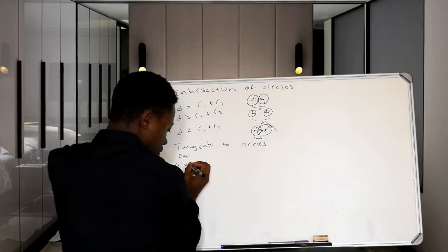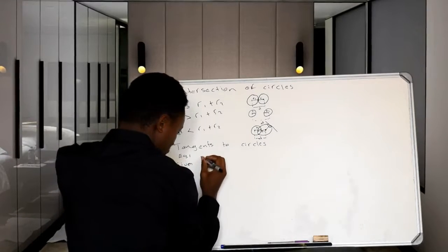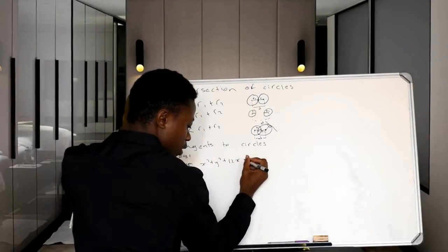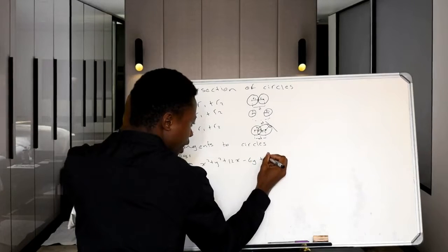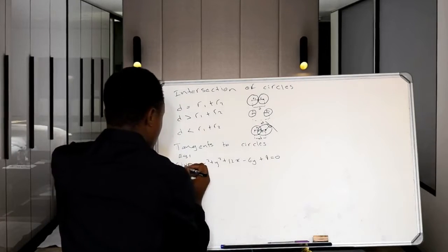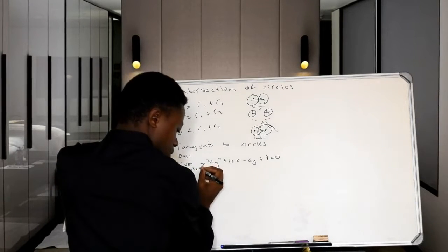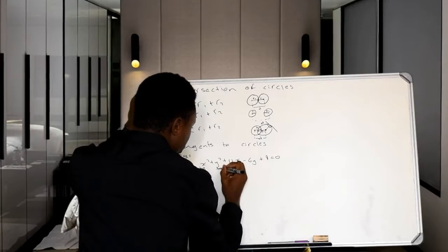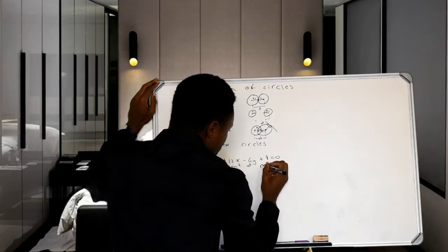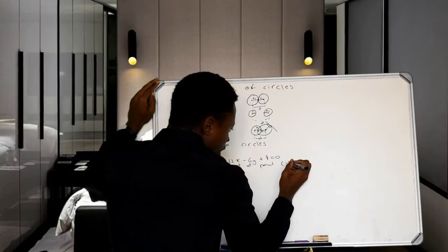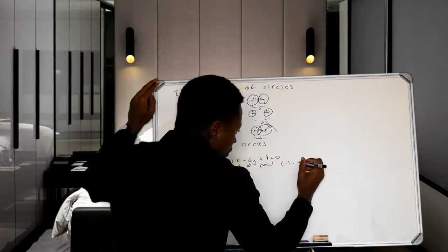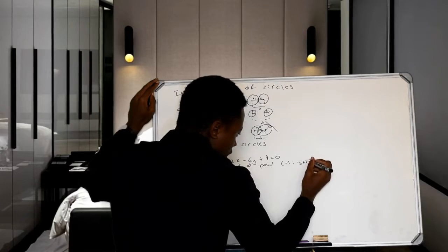We are given x squared plus y squared plus 12x minus 6y plus 9 is equal to 0. Now it says calculate the tangent at the point -1 and 3 plus root 11.